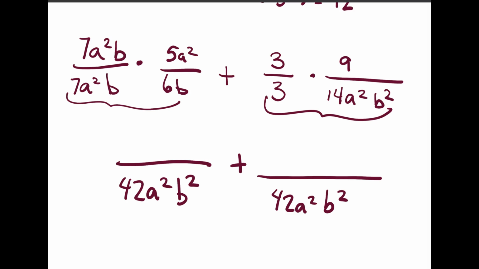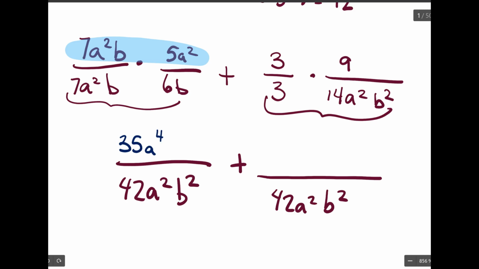It's like a tricky trick. 7a squared b over 7a squared b, that's technically equal to 1. So I'm not really changing the problem if I multiply by 1. But what happens is I make it have the same denominator. Now I can go back and combine the top. So let's combine the left side first.